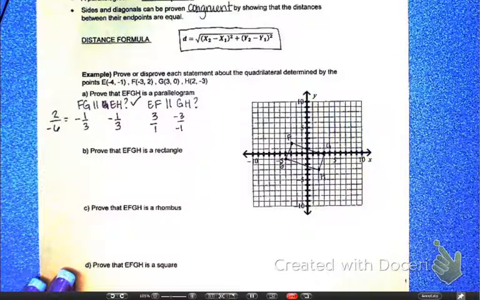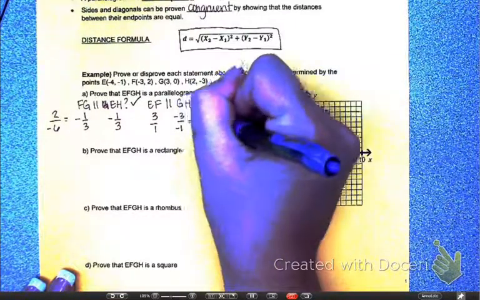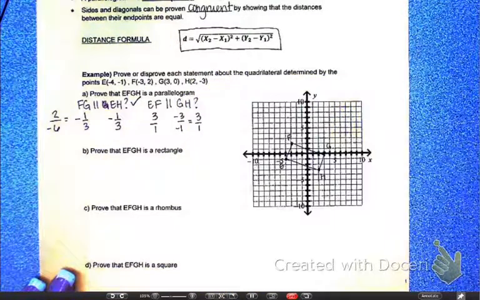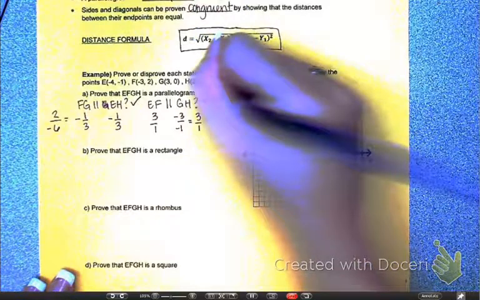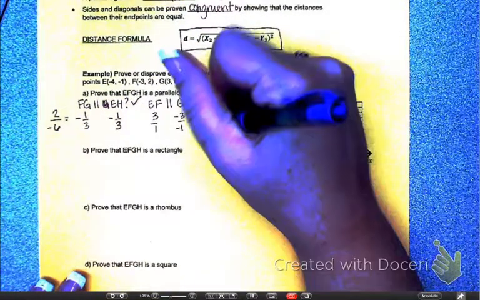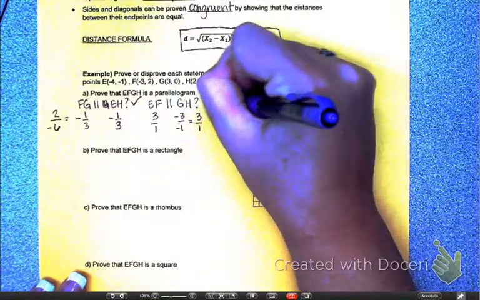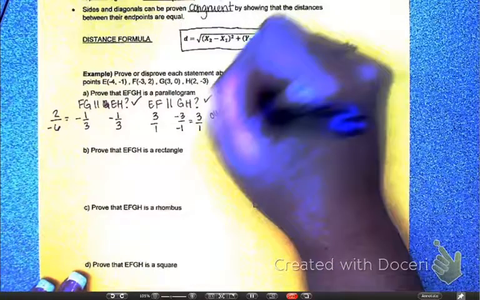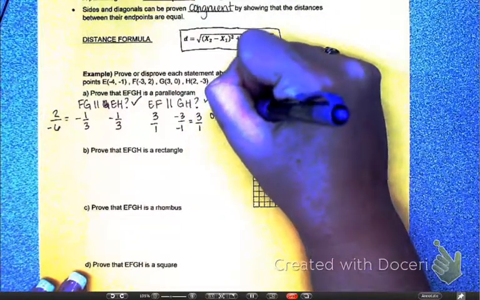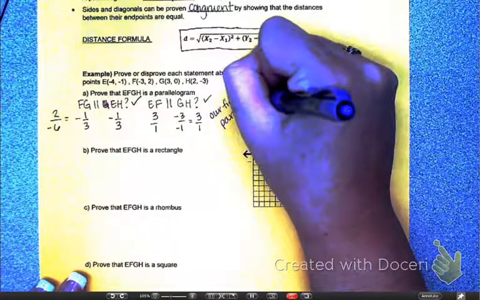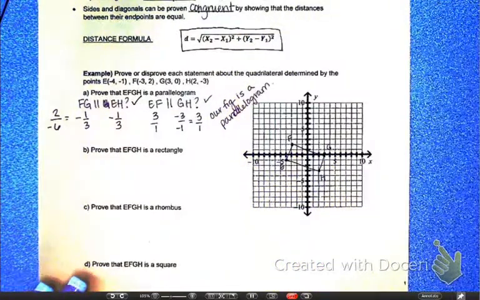So that's a negative 3 over negative 1, which is the same as 3 over 1. Are these two sides parallel? Yes. So we can say our figure is a parallelogram. The figure, however you want to write it. So the figure is a parallelogram.